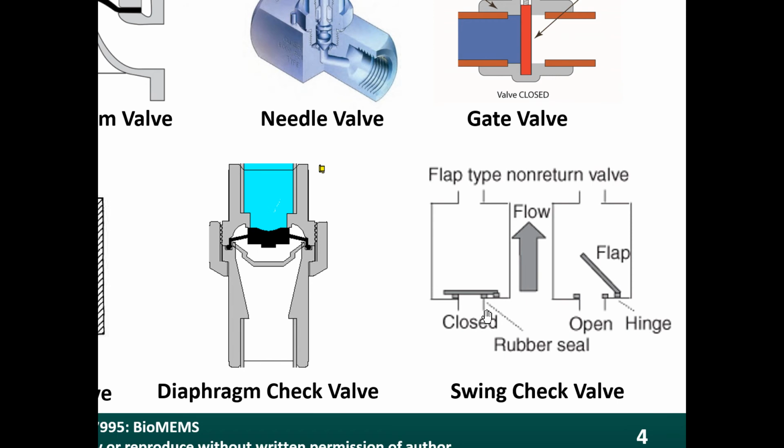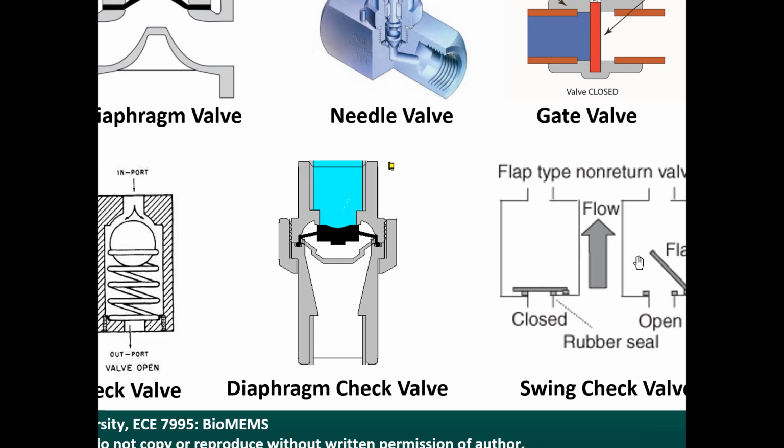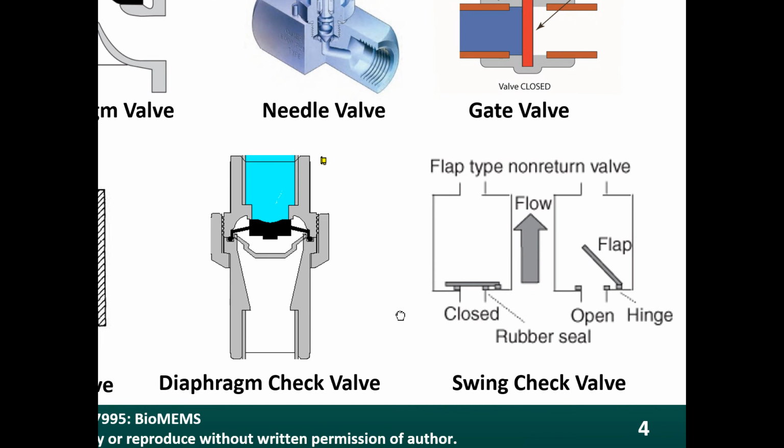So if you look at the bottom of the tank behind the toilet, you'll see that there's a swing check valve here. So this allows flow in this direction, in the upwards direction, but if you have flow in the opposite direction, that flap is going to come down on this opening and it'll basically block the flow. So this is one type of check valve or non-return valve.